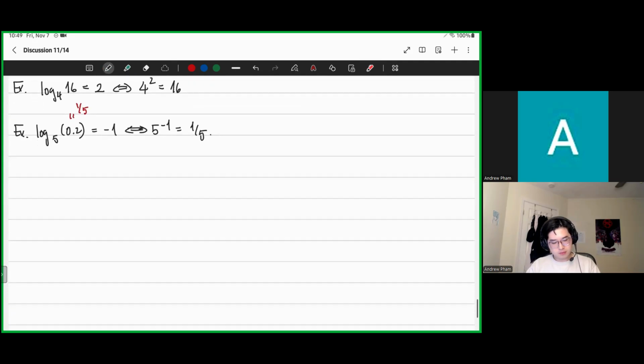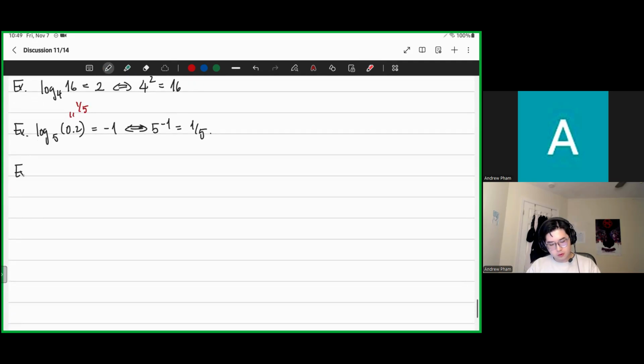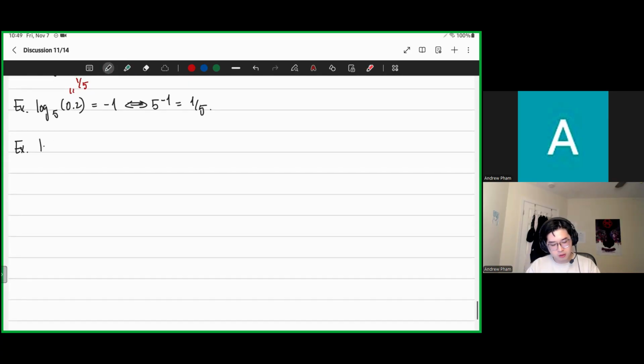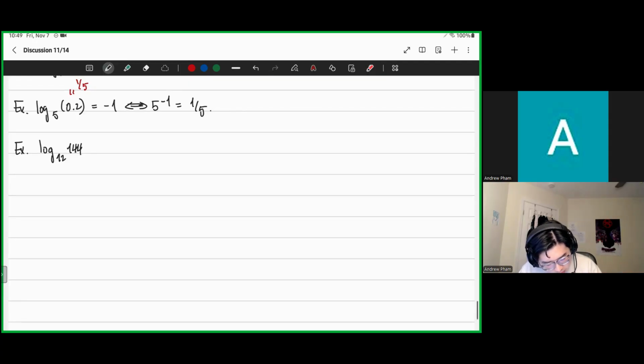Another thing: we can evaluate logs given anything. Let's say we weren't given an equality sign. If I have log base 12 of 144, how would I go about evaluating this expression? If you don't know what the log value is, simply set the expression equal to some dummy variable x.